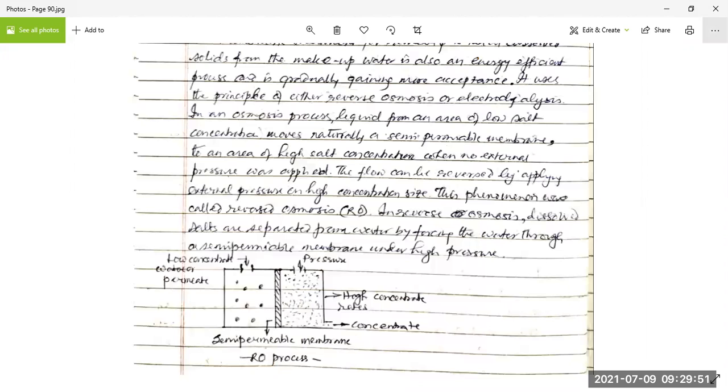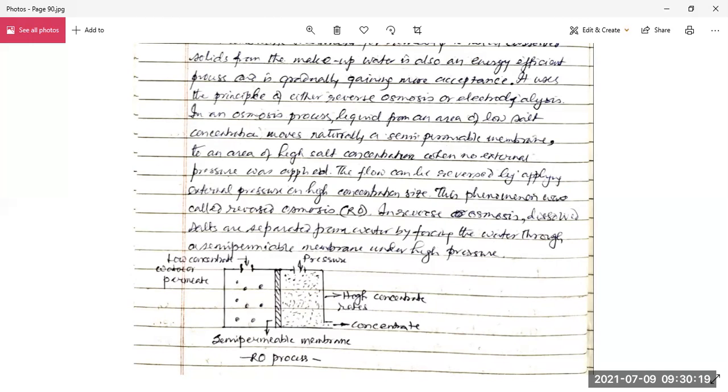Here what you see is a semi-permeable membrane. On this side, water which contains a comparatively small amount of salts is placed, and the water with a high amount of salts is placed on the right side.